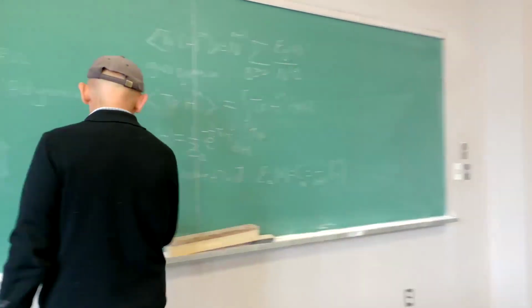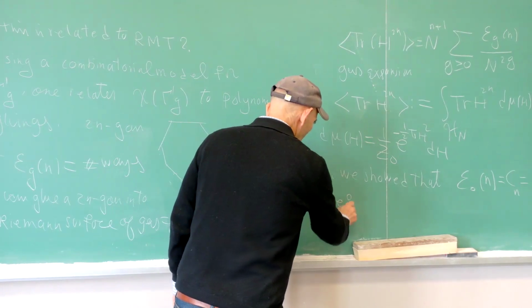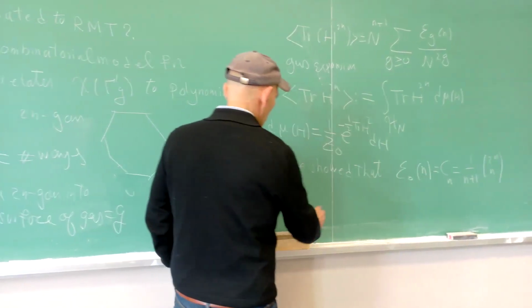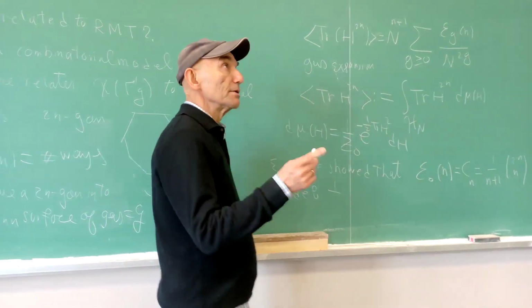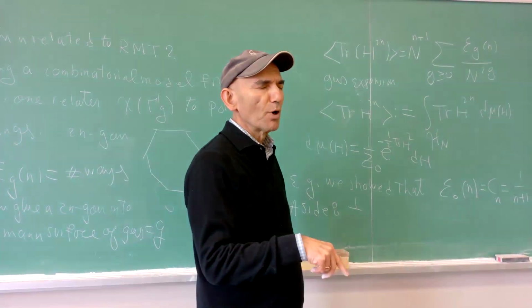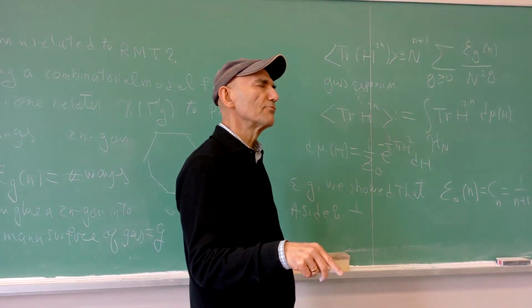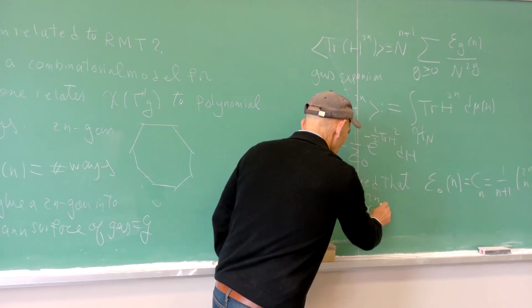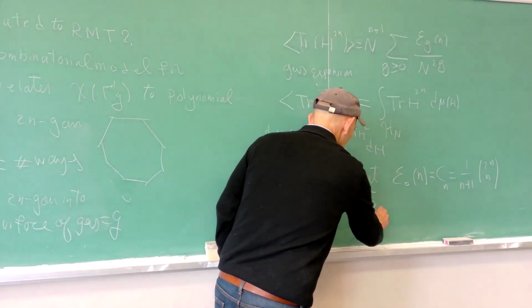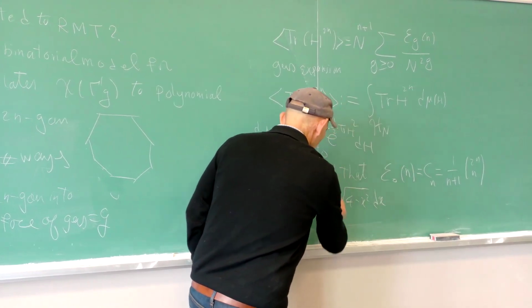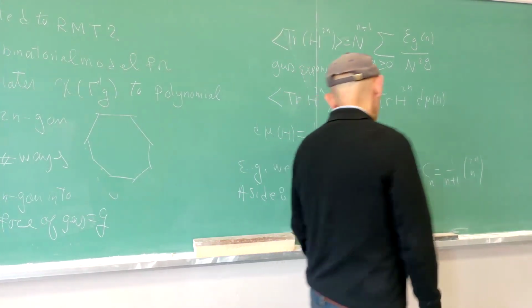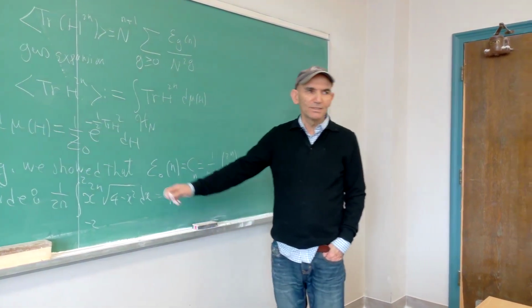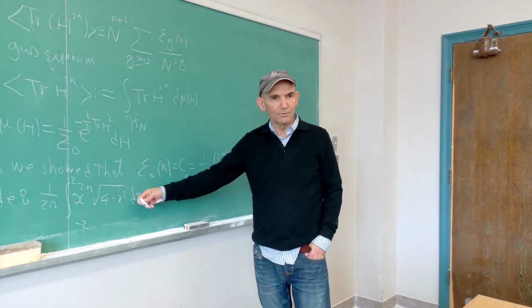So let me just write it. This is an aside, but this is the crucial observation for the semicircle law: 1 over 2 pi, the integral of x^2n root of 4 minus x squared dx from minus 2 to 2, is also equal to Cn. This is an elementary calculation from calculus.